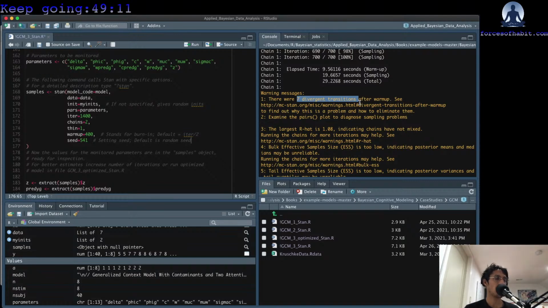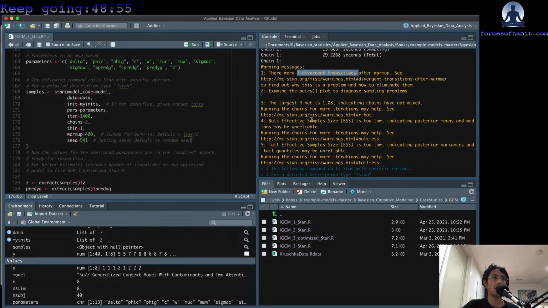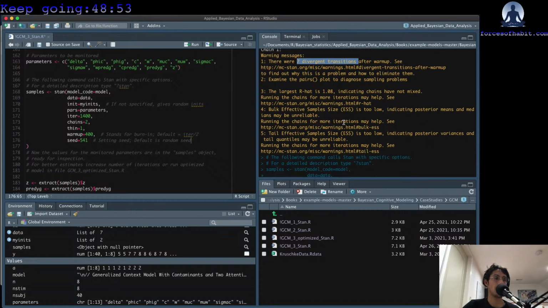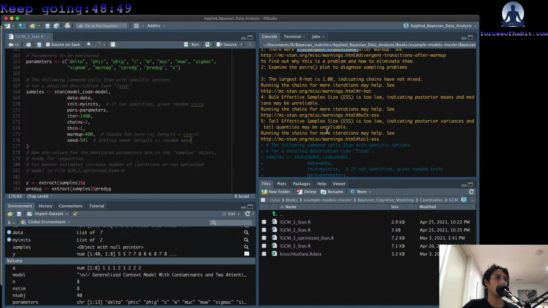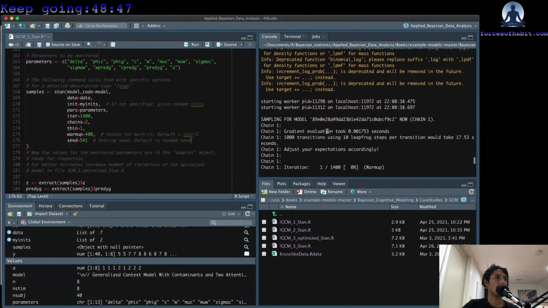Additionally, potentially in part because of this, we have large R hats, which is the within and between variance for our chains. We only have two chains here. And then that bleeds into low effective sample sizes, which means our sampling is far too dependent on one another.